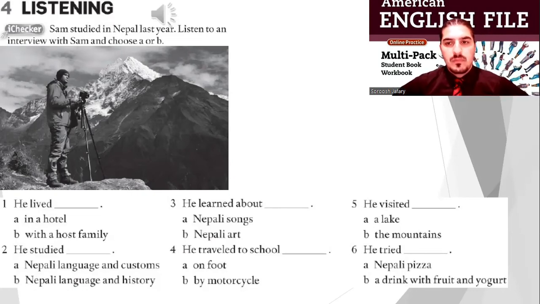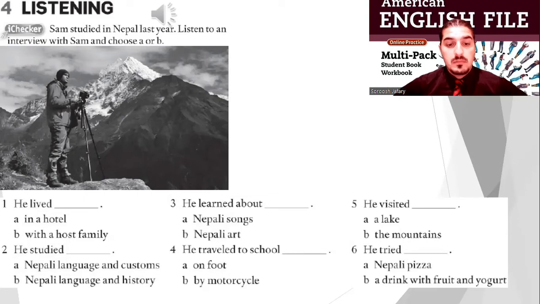Sam, how was Nepal? It was amazing. I was there for 3 months, and I changed a lot. Where did you live? I lived in the city with a host family. They were a mother and father and a son. The son was the same age as me, so that was fun. What did you do there? I studied Nepali language. My classes started at 8 o'clock every morning and finished at 5 in the afternoon. I also studied Nepali customs. I learned a lot of Nepali songs. That's great. How did you travel to school? I traveled on foot.